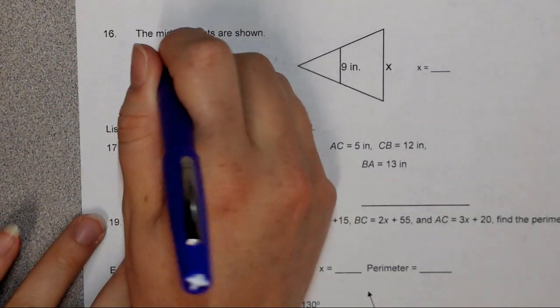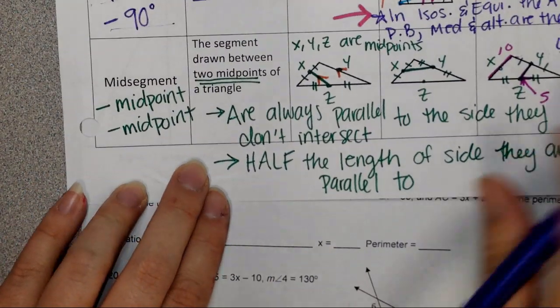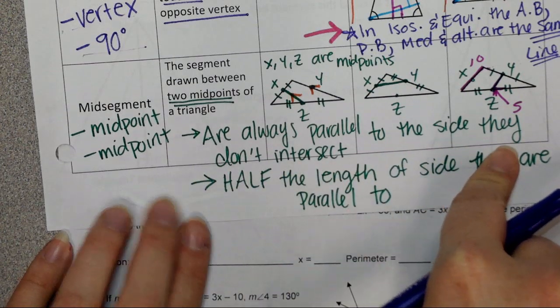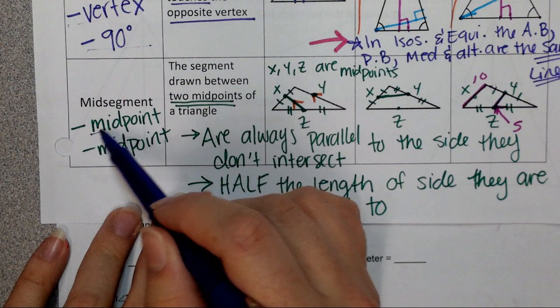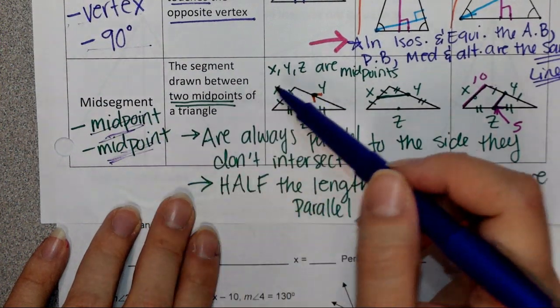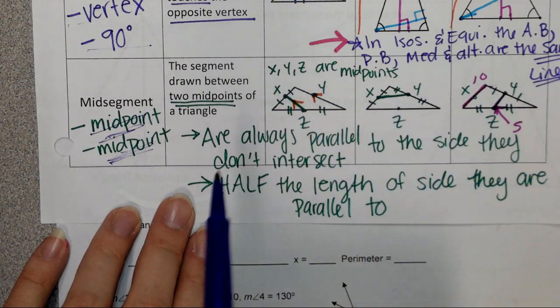All right, so number 16 has to do with mid-segments. If you take a look at your notes, at the very bottom, this is explaining all about mid-segments, what they are and what they do. A mid-segment in a triangle connects a midpoint to another midpoint. So it's always going to be connecting two sides and never two angles.